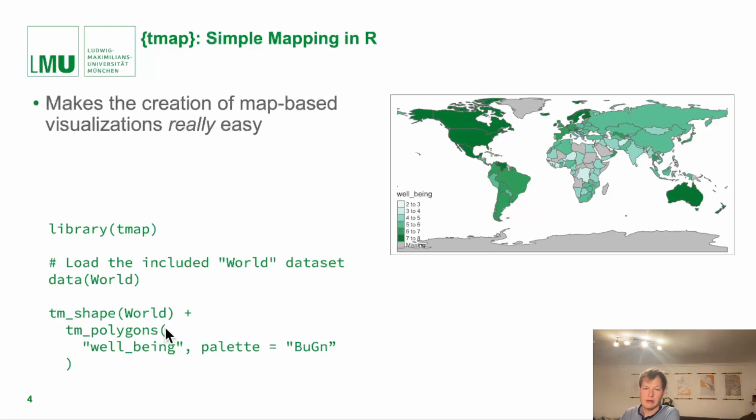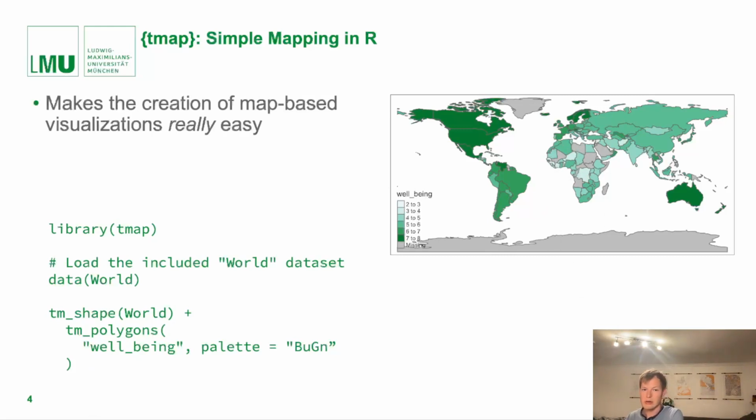Then we briefly render the world itself, and on top of it we show a so-called choropleth, which is just kind of a heat map, or a plot that has a color code defining what value something has. So here, for example, we're plotting well-being, and the darker the shade of green, the higher the well-being is. And we can see that this plot was created in, I don't know, 8 lines of code or something. So really impressive and cool that you can create this whole map of the world and highlight how well-being is in different areas with so little code.